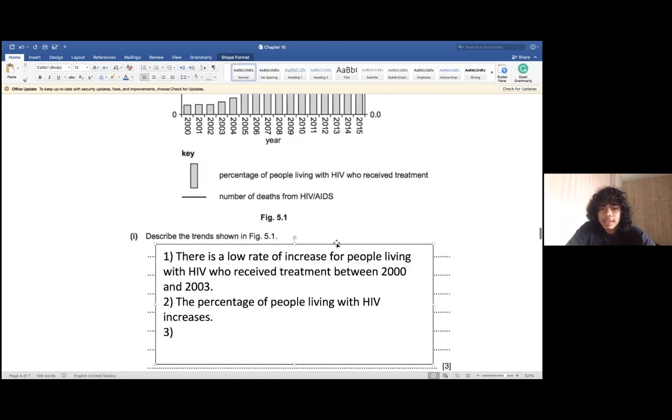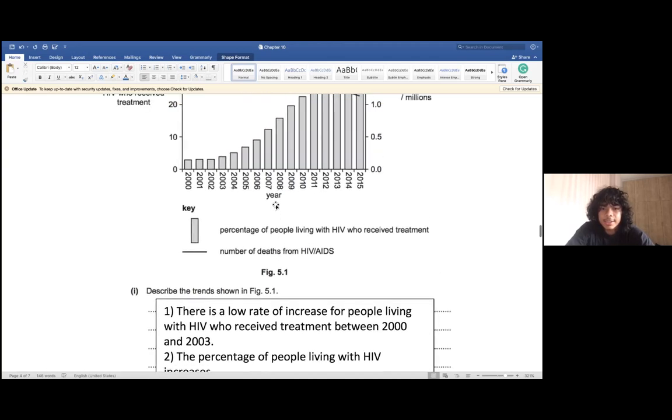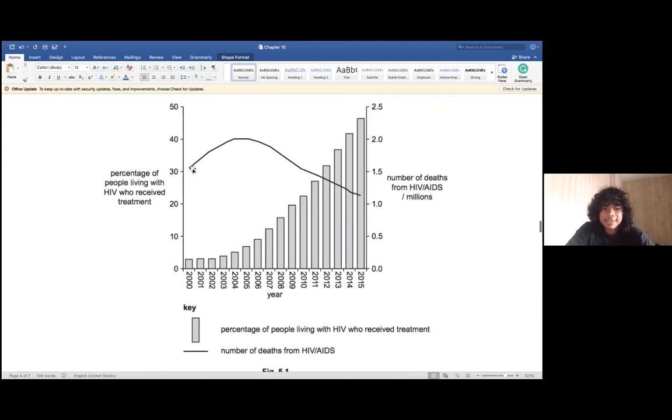So to get the last point, you can talk about the number of deaths from HIV. As you guys can see over here, it increases just until 2005, 2006, and then it decreases after that.